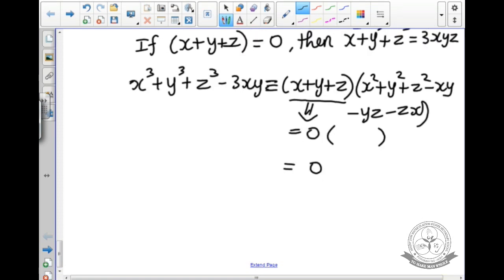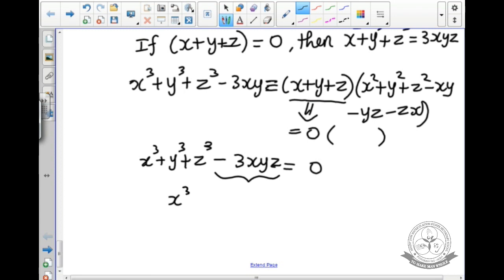So what do you get here? x cube plus y cube plus z cube minus 3xyz is equal to 0. If the term x plus y plus z is equal to 0, the right hand side fully will be 0. This minus 3xyz moves to the right hand side.